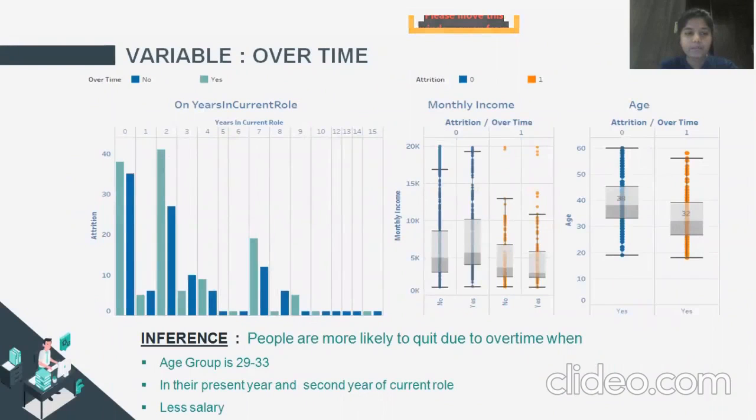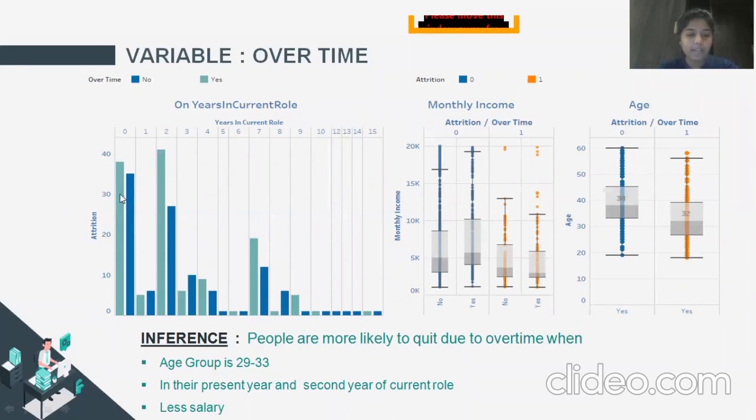In case of overtime as an affecting variable, we have considered 3 other variables and analyzed how overtime can be an affecting variable for attrition. So we can differentiate overtime as light green color and without overtime as blue color.